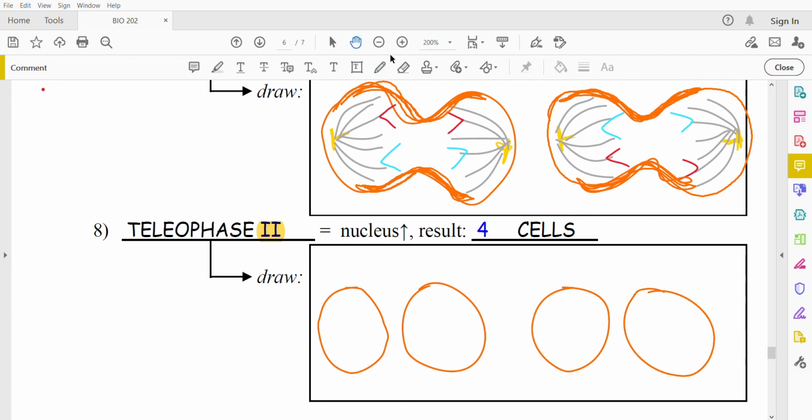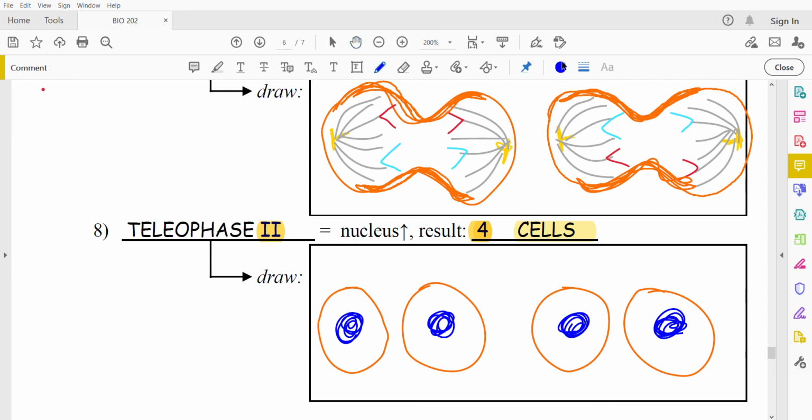So notice that. That's something that I want to highlight here. So 4 cells result from this. And during telophase 2, the nucleus reappears in each one. And we have completed the meiotic cell division.